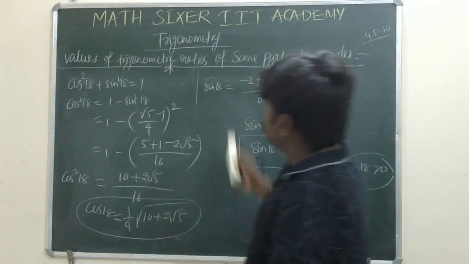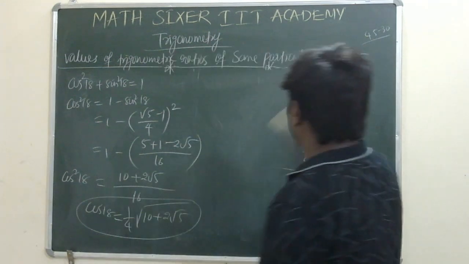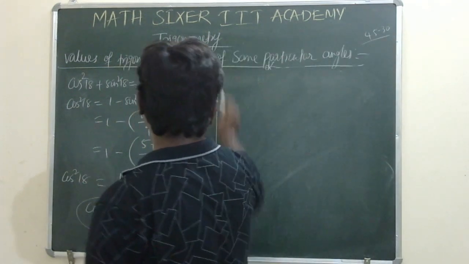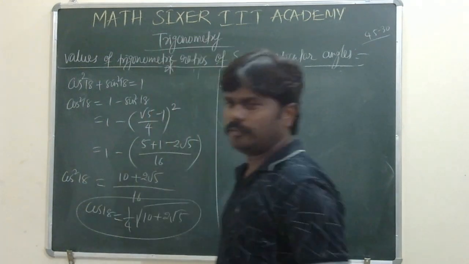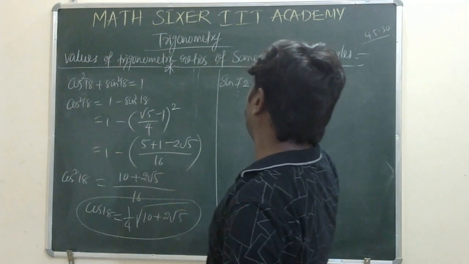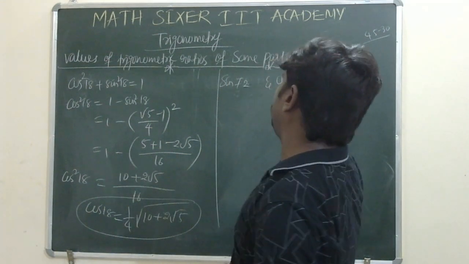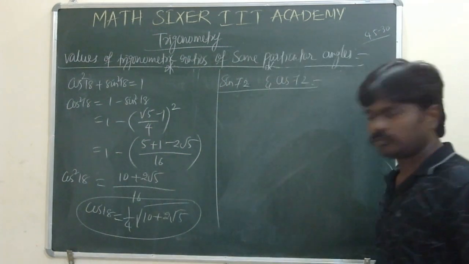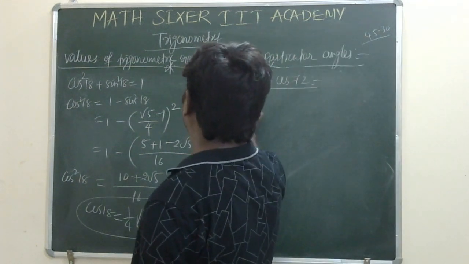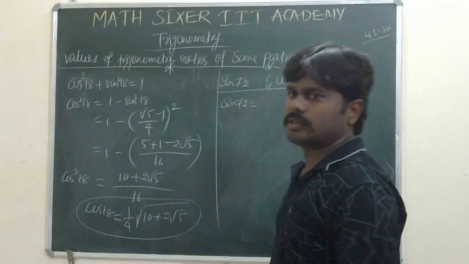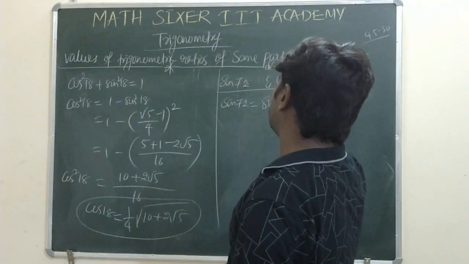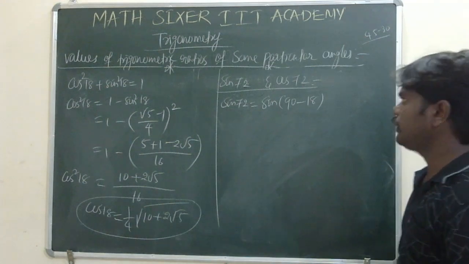Okay, see here we know these values. So when you know these values, you can find simply the value of sin 72 and also cos 72. Okay, so sin 72, how can we write sin 72? Sin 72 is nothing but sin of 90 minus 18, 72 only.